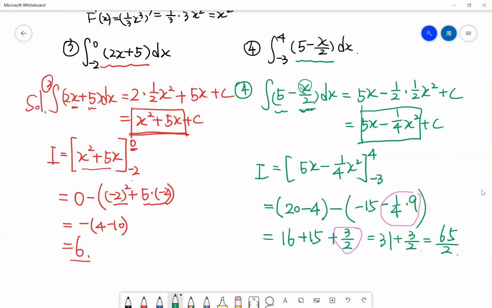Lucy, 9/4, and how does it come to 3/2? -3, here, 9/4. Oh, okay. Divided by 2.